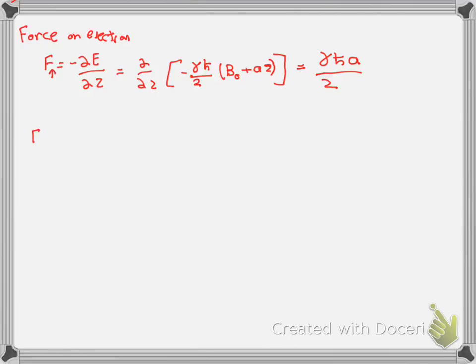For the up electron. For the down electron, it's the same formula, we just have an extra negative sign.